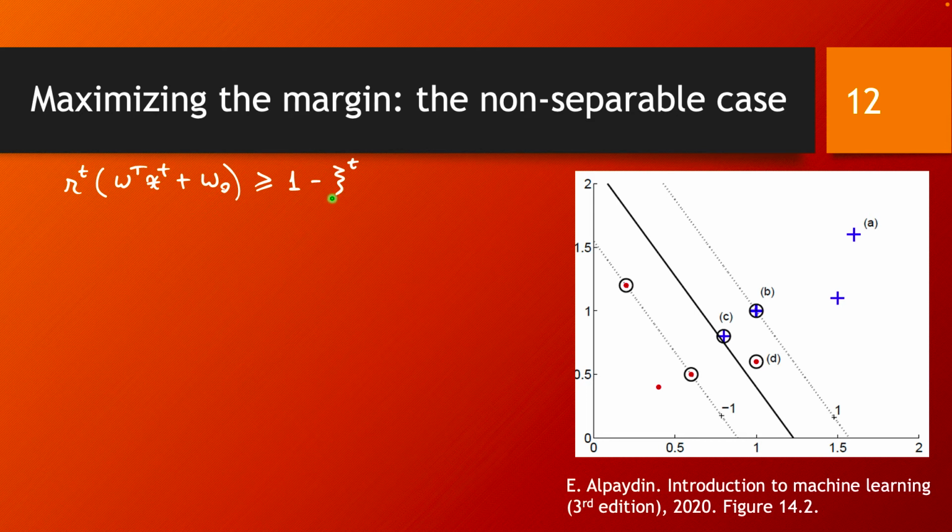So what we end up with is, if we think about how many misclassifications we have, the number of misclassifications is going to be exactly the number of these ξ_t that are larger than 1, and the number of non-separable points, including those in the margin, is going to be the number of these variables ξ_t that are larger than 0.